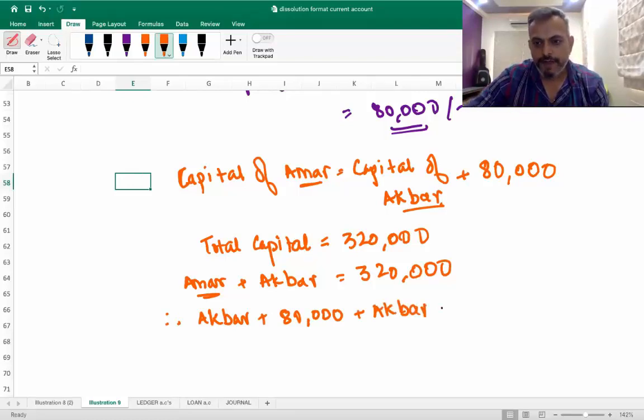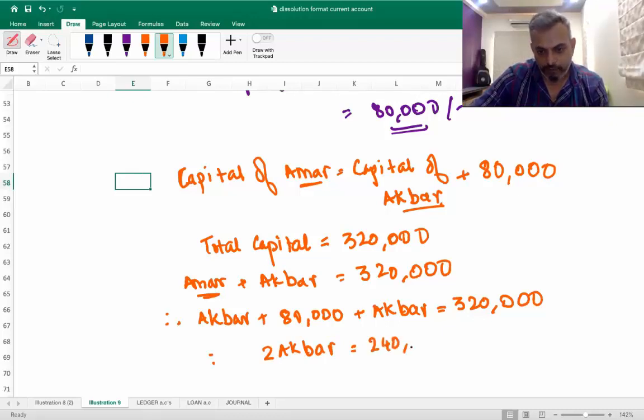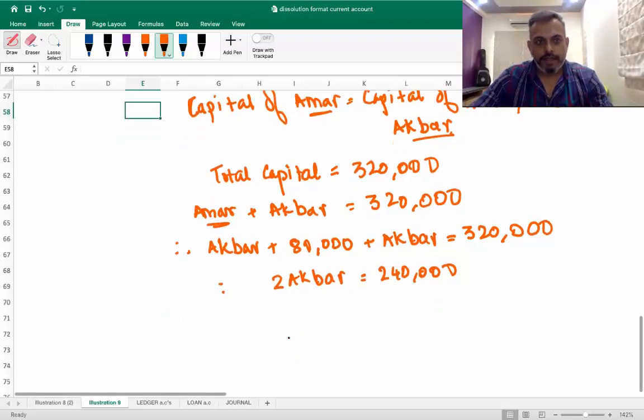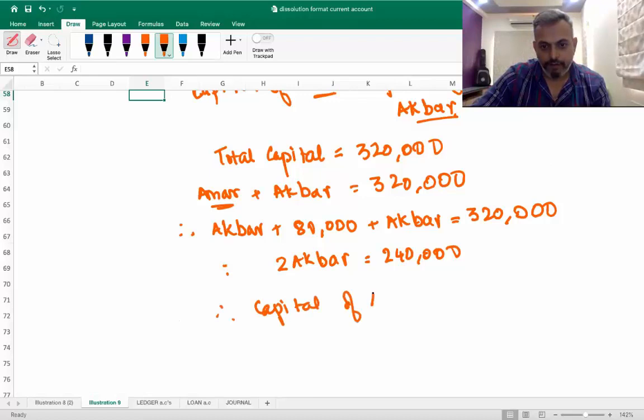You can also solve it by taking X or A or any alphabet, okay? Equal to 3,20,000. So what we get is 2 times Akbar is equal to 3,20,000 minus 80,000, so 2,40,000. Therefore, capital of Akbar is equal to 1,20,000.